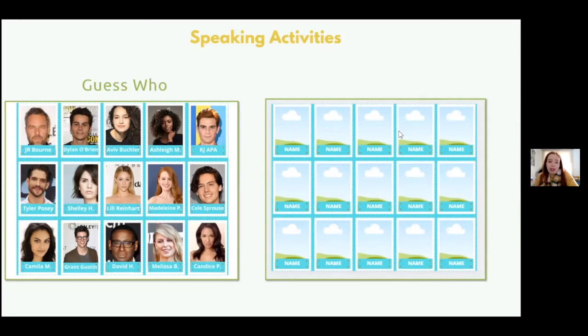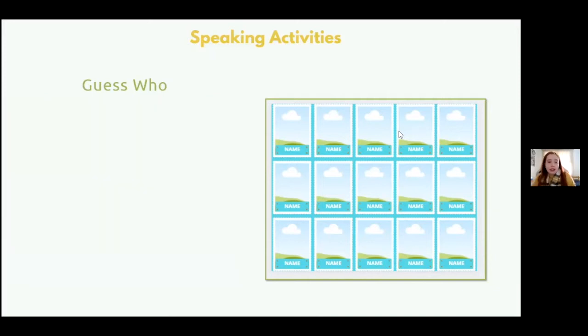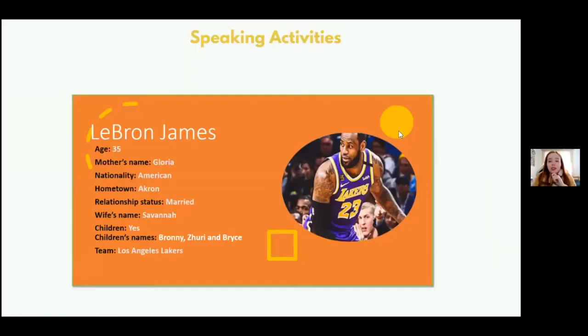So they started not just using the pictures, but thinking of characters and famous people they like, and taking turns asking and answering questions to guess who the person was. So I think this was very successful because they were talking about things that they liked, and they felt motivated to keep speaking.